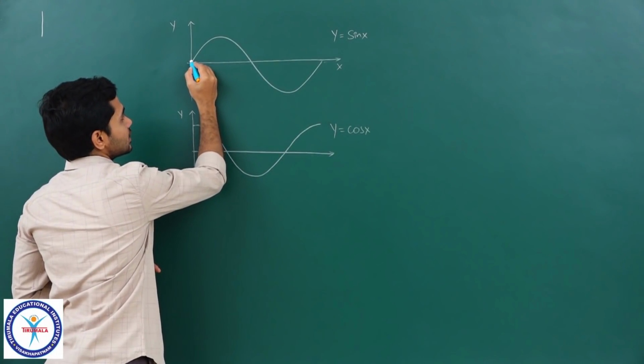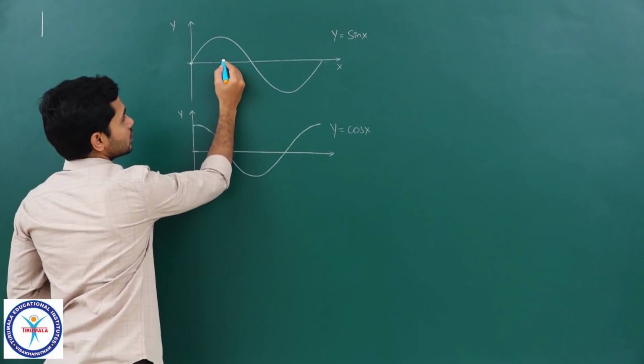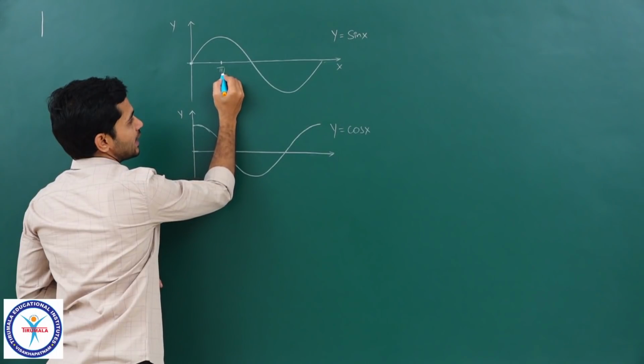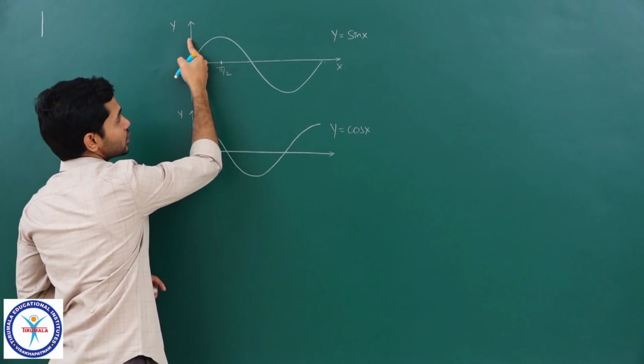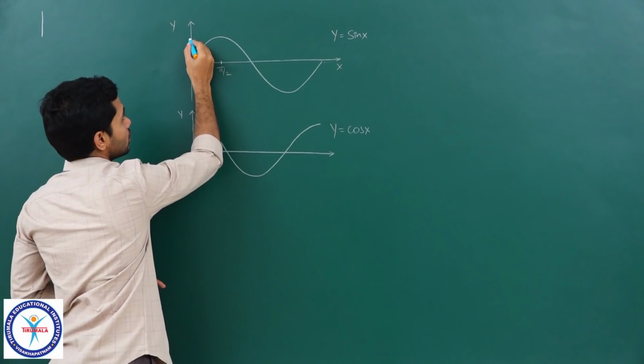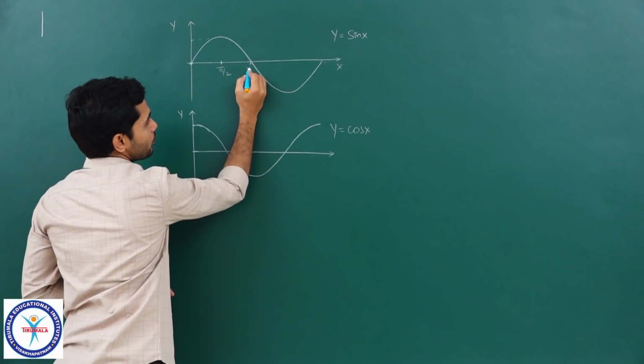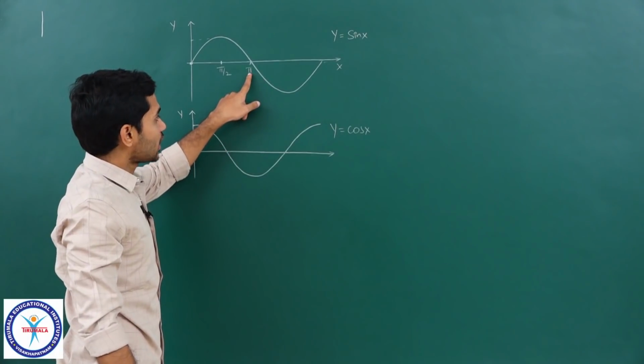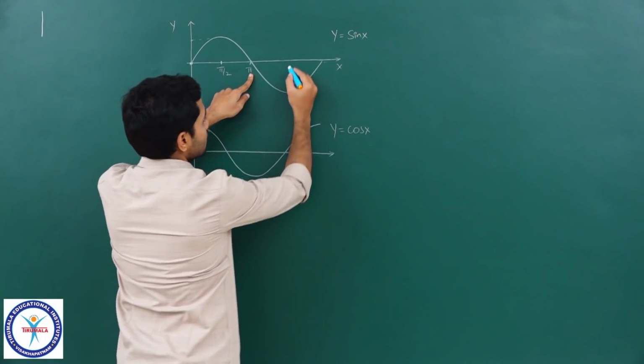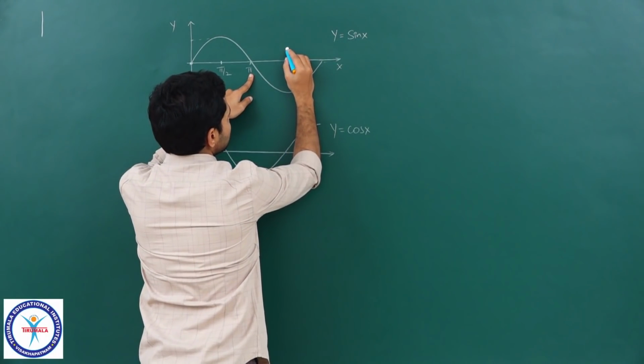You can see that sin 0 is 0, this is pi by 2, which is 90 degrees. At pi by 2 the function will be maximum, which is 1. You all know sin 90 is 1, right. And once again this is pi, which is 180 degrees, so sin 180 will be 0, and this is 3 pi by 2, which is 270 degrees.